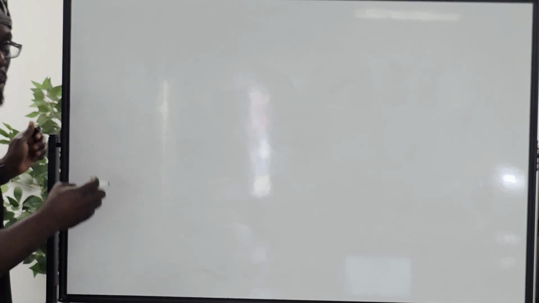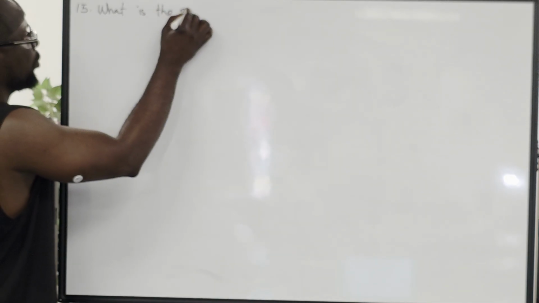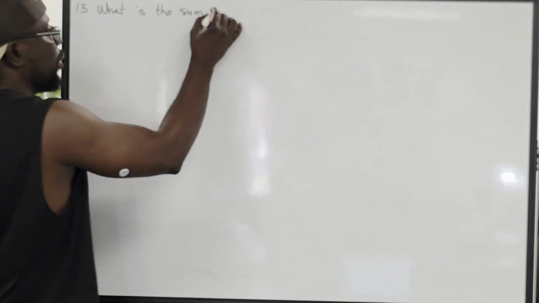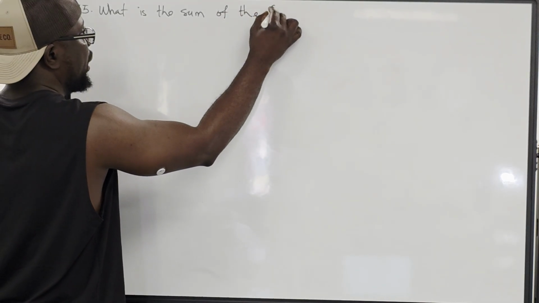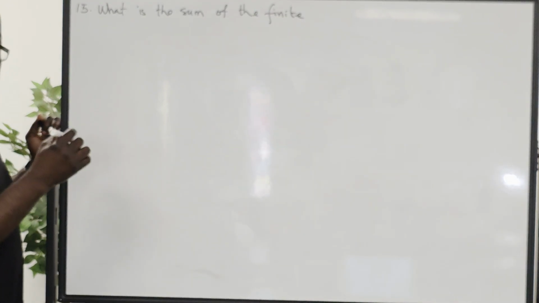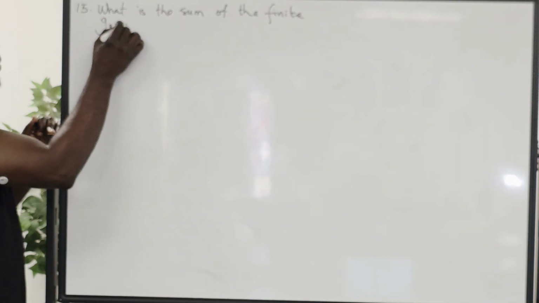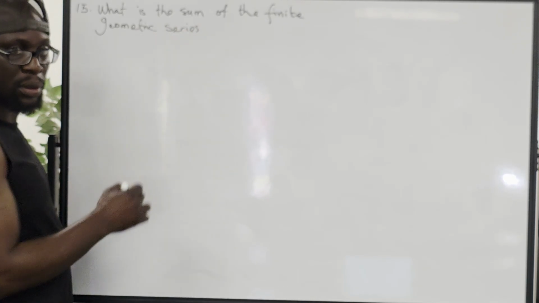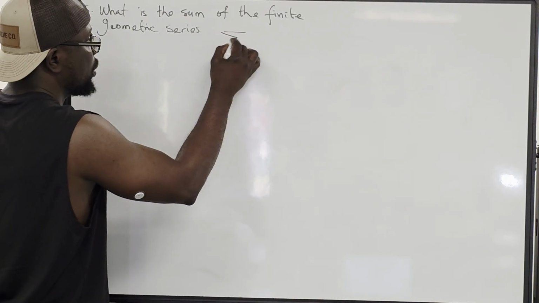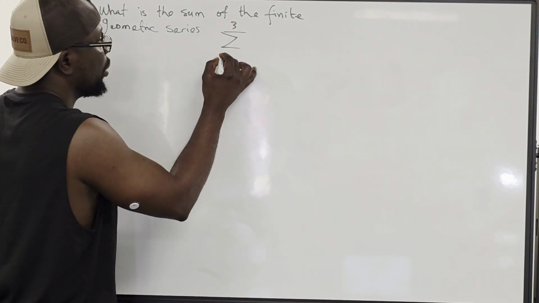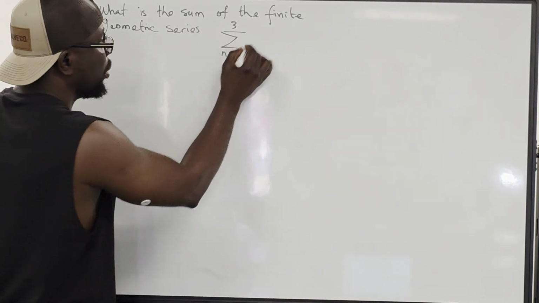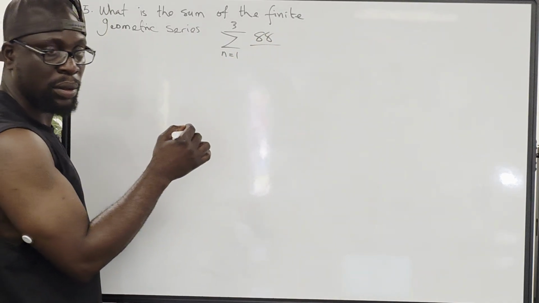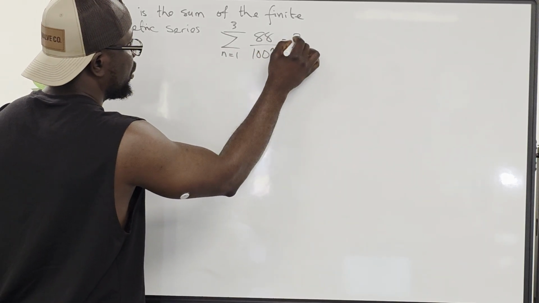Question 15 says, what is the sum of the finite geometric series, and we're given the summation from n equal to 1 to 3 of (88/100)^n.